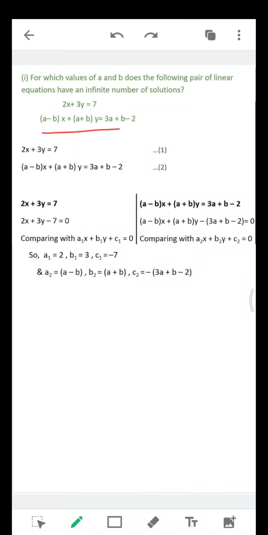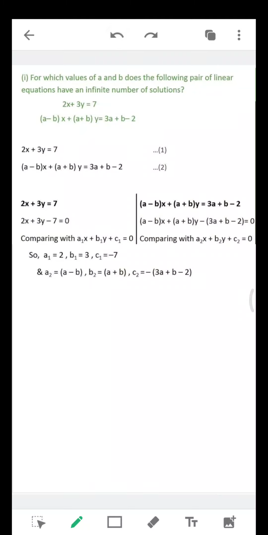But the second one doesn't have only real numbers, it has the variables x, y, and a, b are given. So we have to find the values of a and b for which these two equations will have an infinite number of solutions. So what should be the values of a and b? Let's find it now.